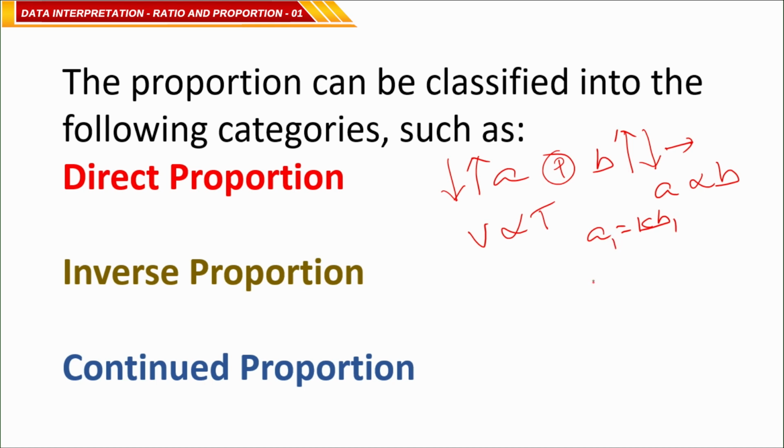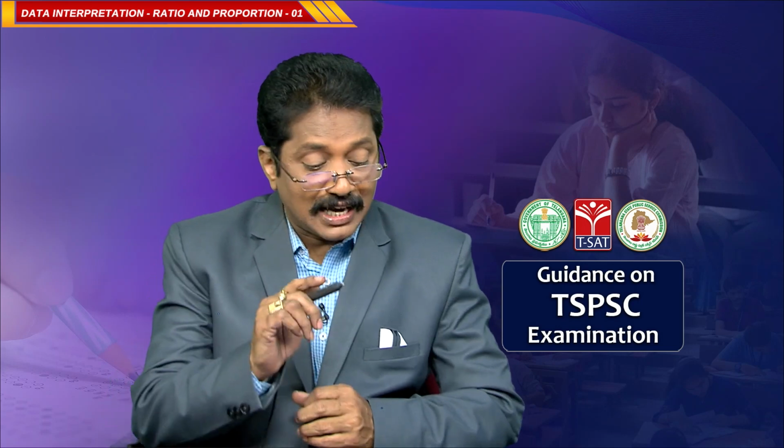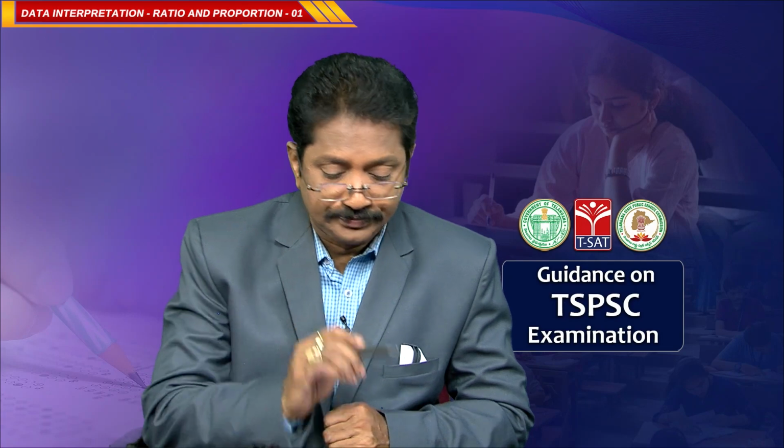When A2 is proportional to B2, A2 equals KB2. So then A1 by A2 is equal to B1 by B2. Then those two quantities are in direct proportion. Here K is a proportionality constant. Clear? That is called direct proportion.